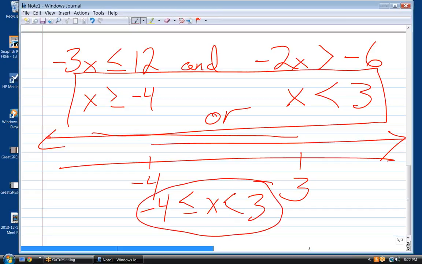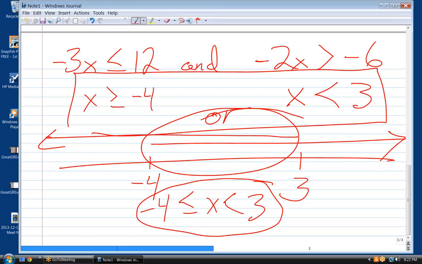But the and, I'm not sure. The more I think about it, it seems to me that the and should be just the overlapping part. But I can also see where the and is all numbers on the number line. I think it's just the ones in between.